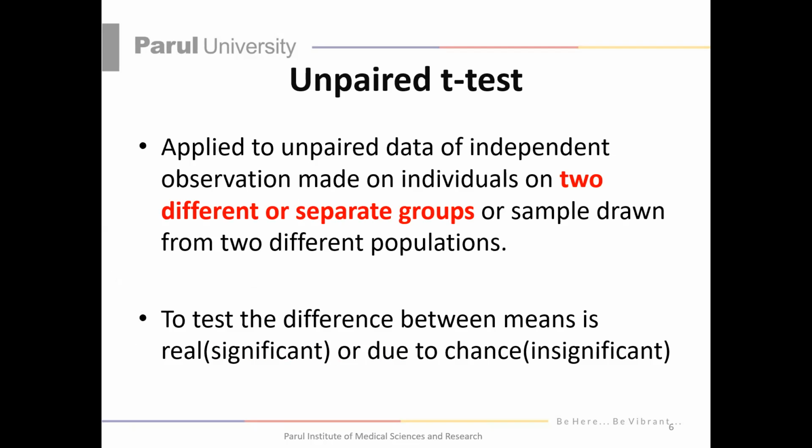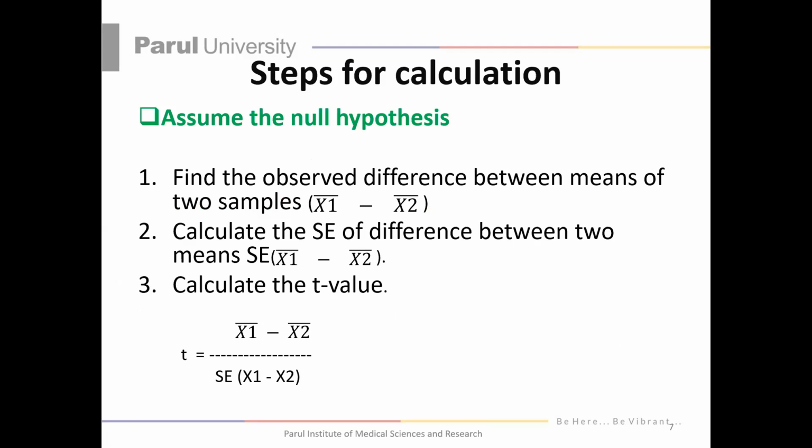Now, unpaired t-test is applied to unpaired data of independent observations made on individuals in two different or separate groups, or samples drawn from two different populations, to test whether the difference between means is real, significant, or due to chance. So, steps for the calculation.